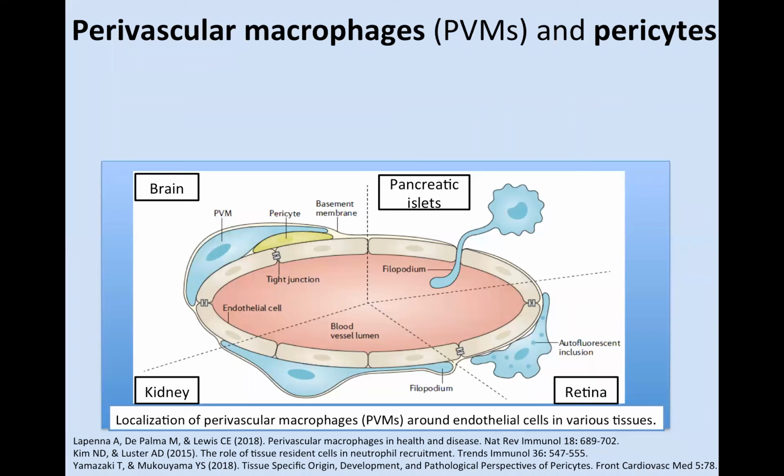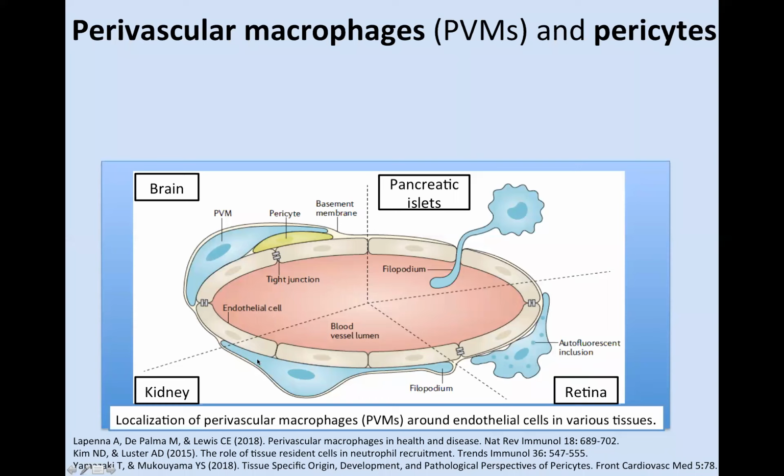So let's see the macrophages. Actually, we have macrophages all over our body, next to the endothelial cells around each of the vessels. Some of them also protrude into the circulatory side. So for example, in the pancreas or in the liver, the Kupffer cells will go inside the lumen of the vessels. These are naturally the first cells to encounter any damage because they will sense it immediately.